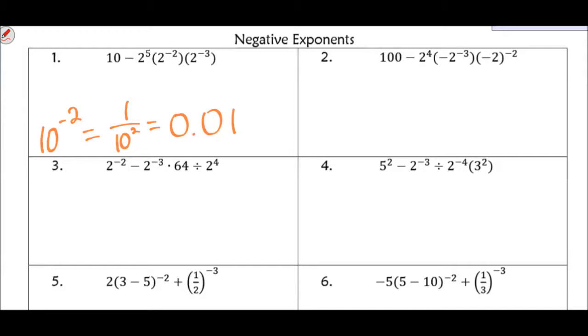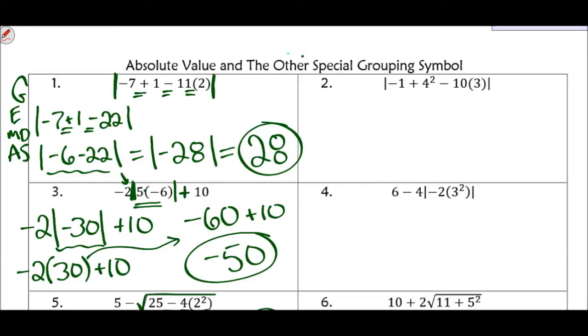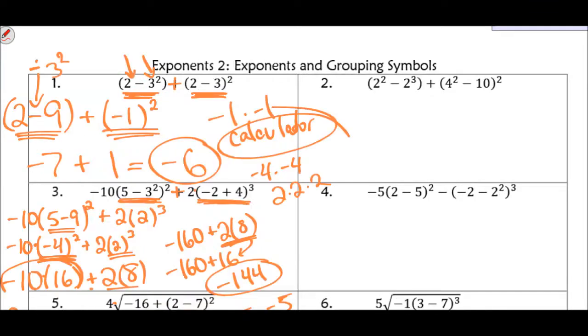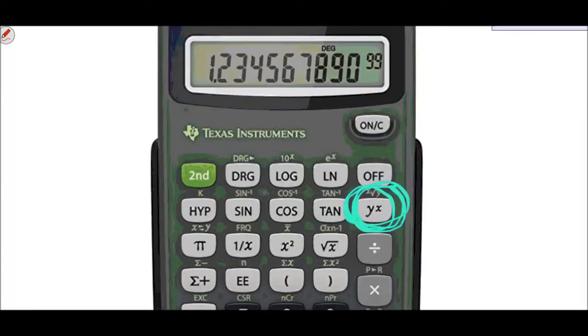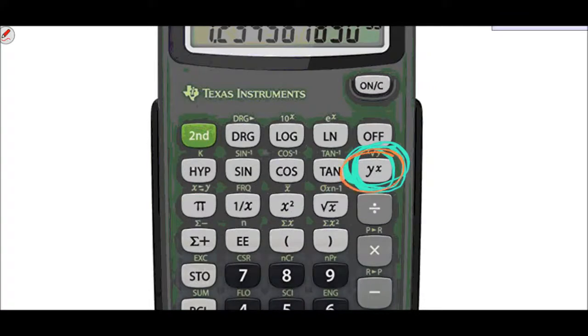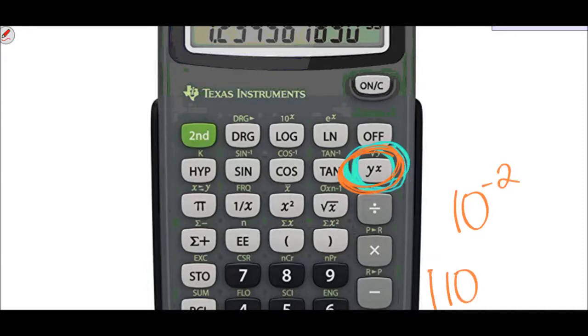Okay? And the way we can do that in the calculator is the same way we type in an exponent of 3 or 4 or any other exponent that we want. We're going to use this button. So on that last example, we would do 10 to the negative second as just typing in 10 first. Then you hit y to the x.